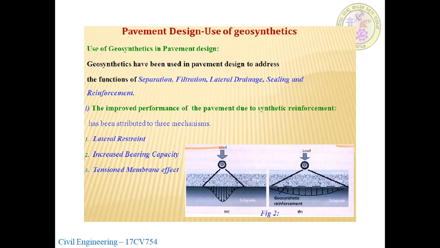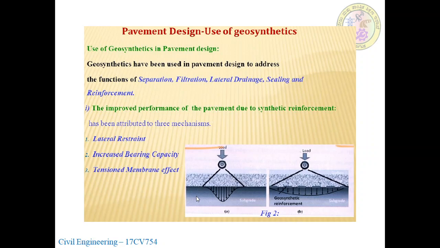The improved performance of the pavement due to the geosynthetic reinforcement has been attributed to three mechanisms: lateral restraint throughout the soil mass, and increased bearing capacity of the soil by providing the geosynthetic reinforcement, where the distribution of the soil will be like this.